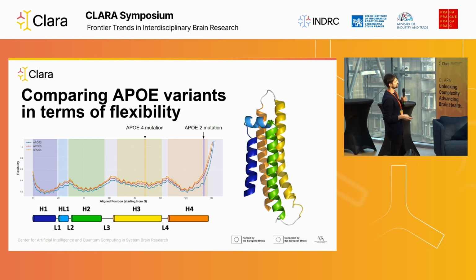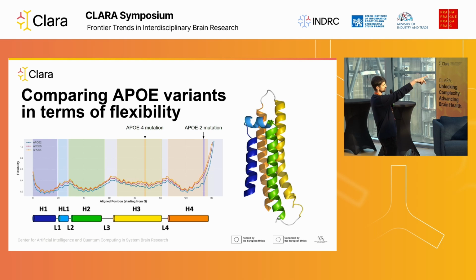But where we can actually see a relative difference is at the locations of the mutations. For the ApoE4 mutation, we can see that for the orange curve, the flexibility is relatively increased when compared to the red and blue curves representing ApoE3 and ApoE2 respectively.